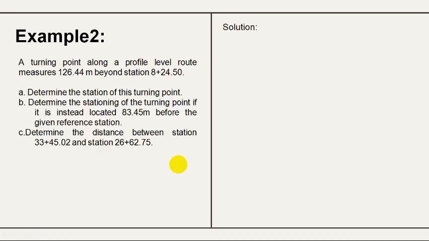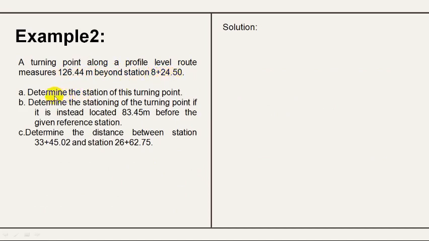Okay, next sample problem. A turning point along a profile level route measures 126.44 meters beyond station 8 plus 24.50.